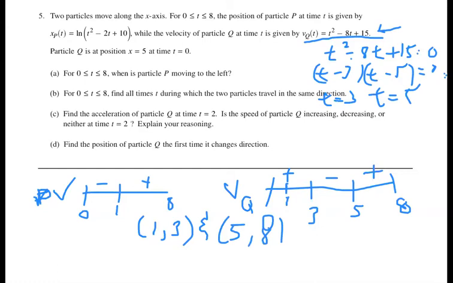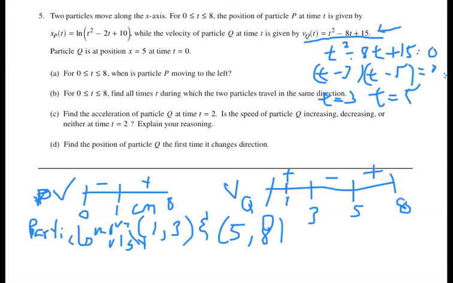So this answer would be, we would say the particles move right on these intervals. But again, it does not say why they move right, so you really don't have to say.